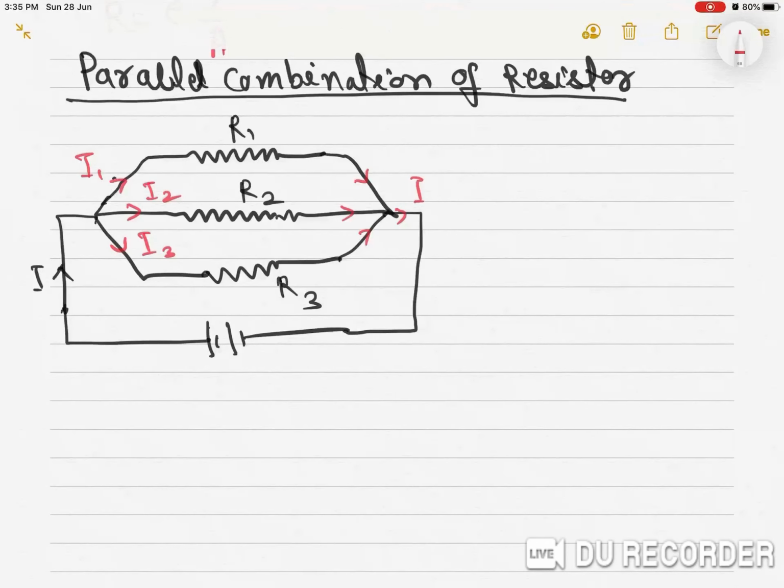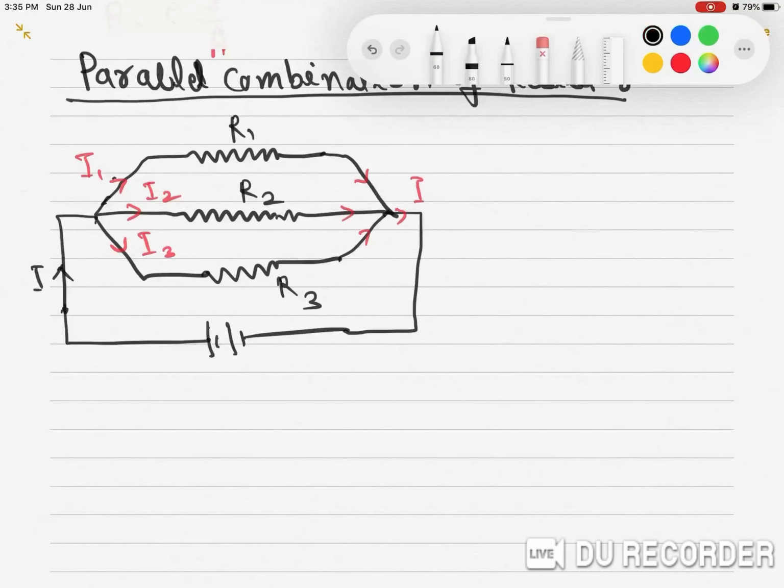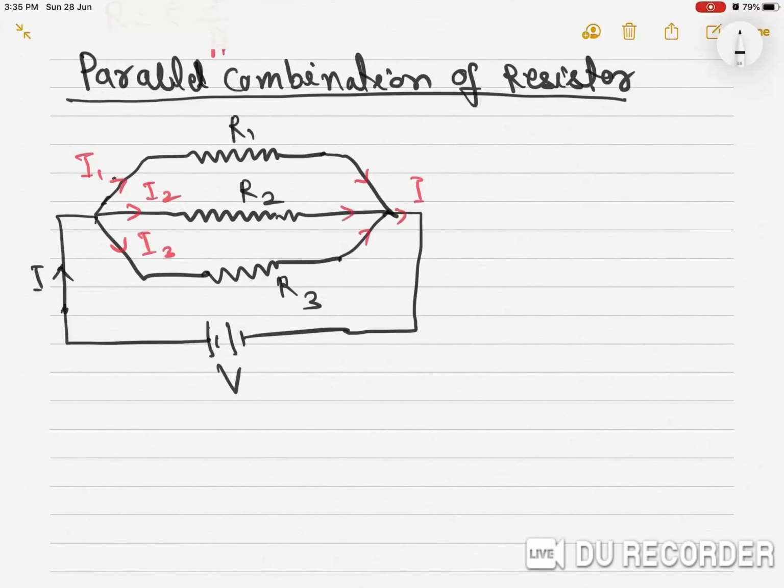In parallel combination of resistors, the potential difference across each resistor is the same. Let V be the potential difference of the battery, then the potential difference across R1, R2 and R3 will be the same V, but current is different.